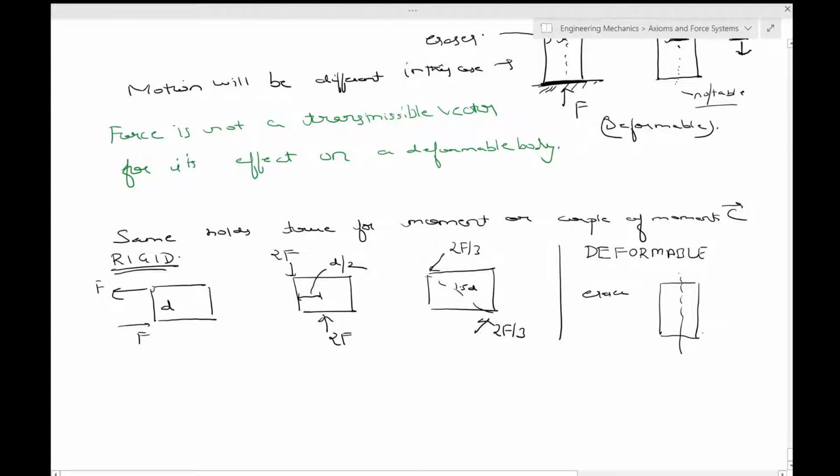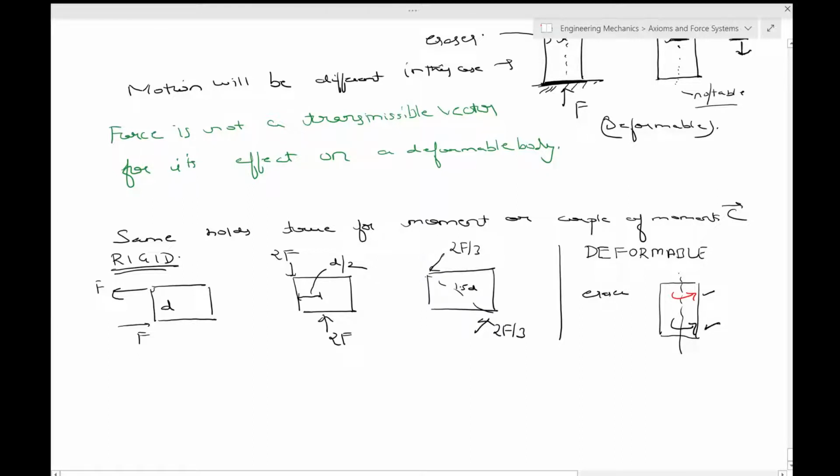Now if you apply a couple over here, or in the other case you apply the couple over here, you yourself know that over here the twisting will happen somewhere at the top, over here the twisting will happen somewhere at the bottom, so they cannot be equivalent, they cannot be the same motions.